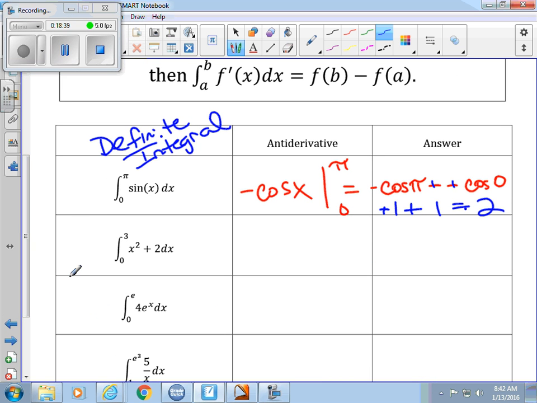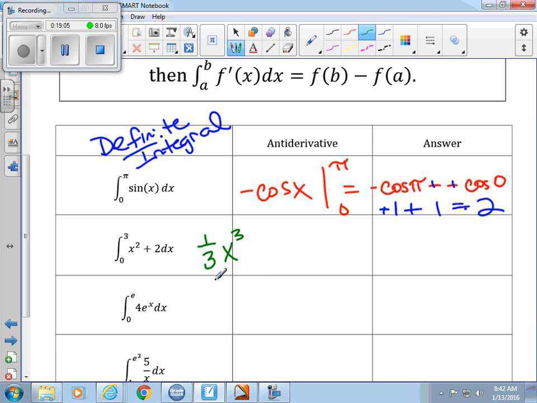Okay, let's look at the next one. Step 1, I need the antiderivative. I have x squared plus 2. What is the antiderivative of x squared plus 2? Good, 1/3 x cubed. There's a rule for that. You add 1 to the power and divide by the new power.